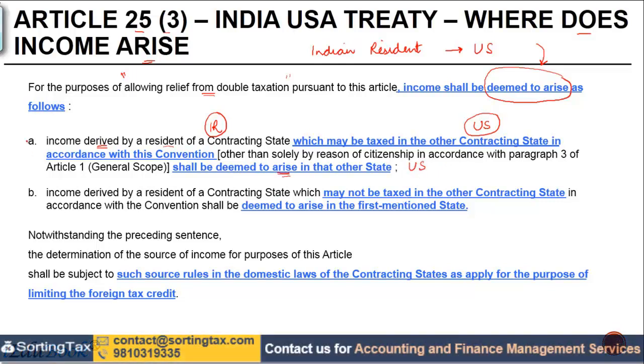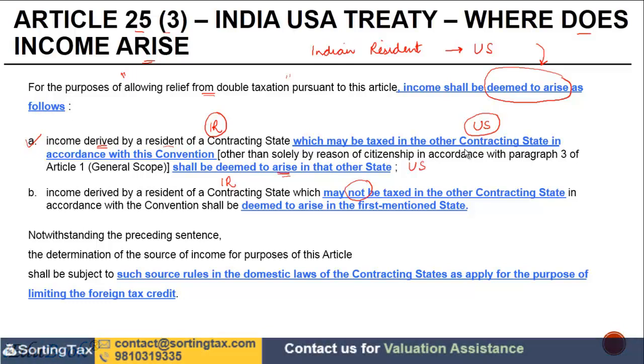But income derived by a resident of a contracting state, so income derived by an Indian resident, which may not be taxed in the other contracting state in accordance with this convention, shall be deemed to arise in the first-mentioned state. Which means if the income may not be taxed in the US under the convention, then it shall be deemed to be arising in India.